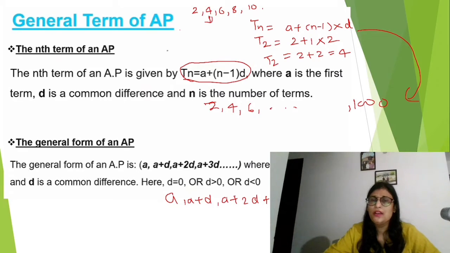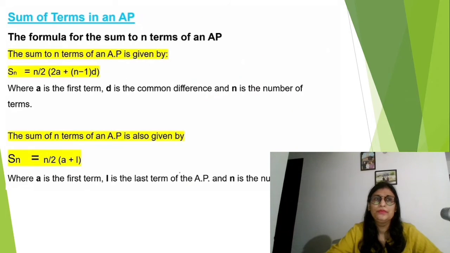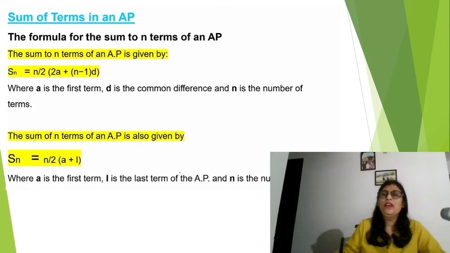And d can be 0, greater than 0, or less than 0. I have already discussed when it can be 0, greater than 0, or less than 0.